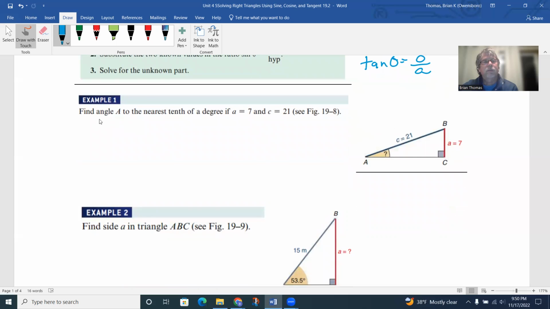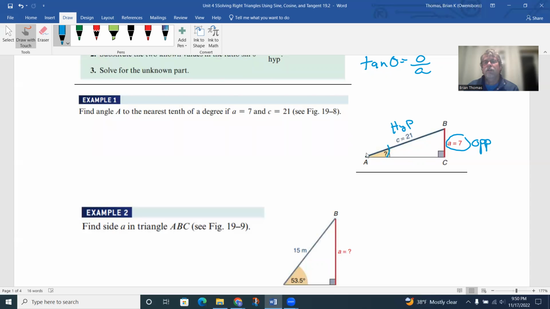So if I look at this first example, find angle A to the nearest tenth of a degree, if a is equal to 7 and c is equal to 21. To find angle A, notice that the 7 is opposite and the 21 is the hypotenuse.